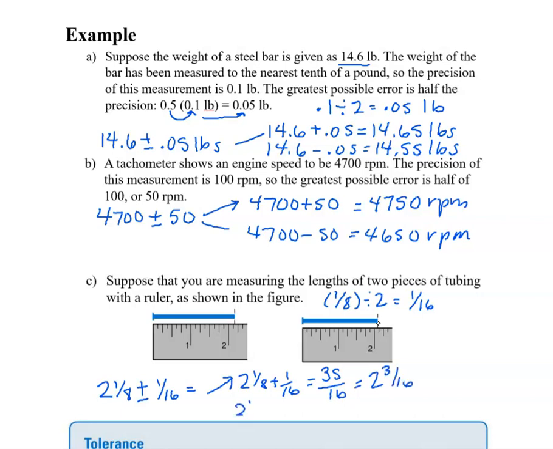If we do 2 1/8 minus 1/16, we're going to get 33/16, which is 2 1/16.